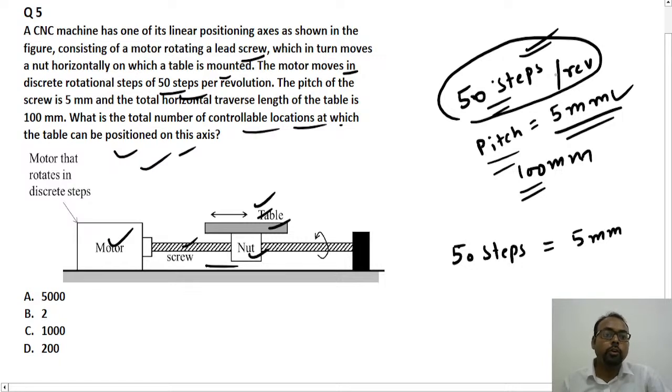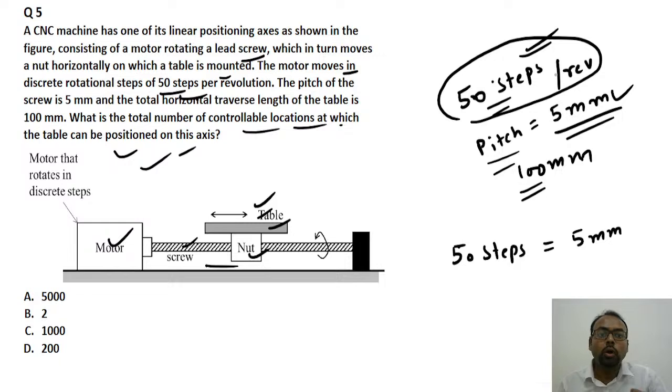That is why we can equate 50 steps to 5 mm. Now what is the number of steps required for 1 mm? If we manage to calculate that, then we can also calculate it for 100 mm, right?